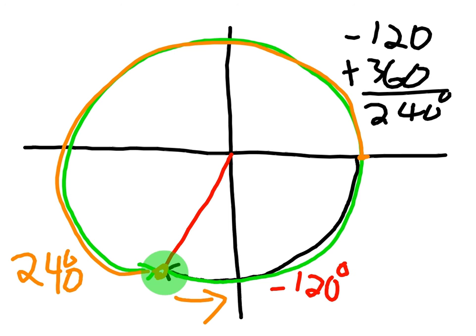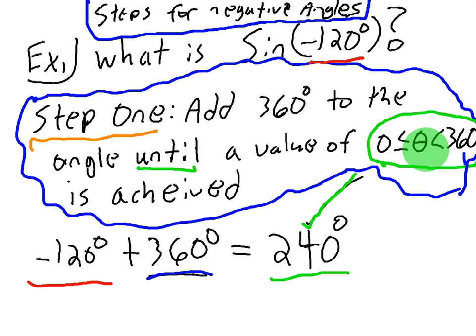Now the thing though is, what if you're still negative? What if you were at negative 1,000 and you added 360? You still wouldn't be positive. Well, the key here for step 1 is to keep adding 360 until a value is achieved that's between 0 and 360, because between 0 and 360 is a standard angle. In this particular case, if I just add 360 once, I end up at 240 and I'm good to go.